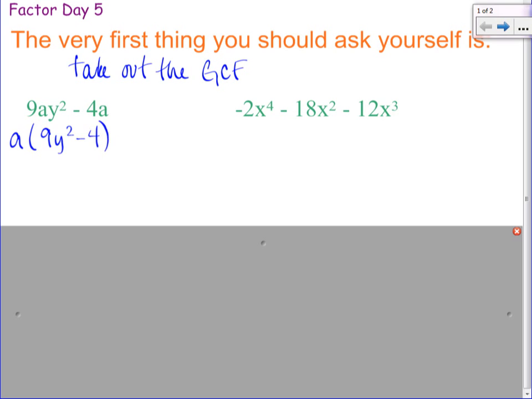Okay, so we take an A out of both of these terms. Okay, now we have two terms in the parentheses. So when we have two terms, it's most likely going to be what kind of problem? The very first kind we learned.